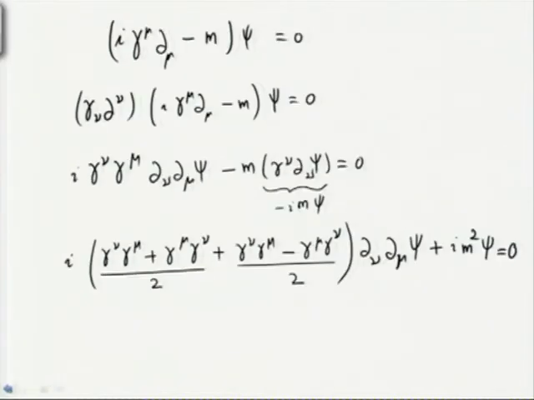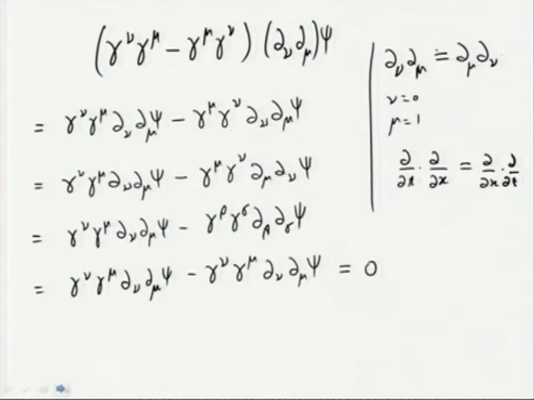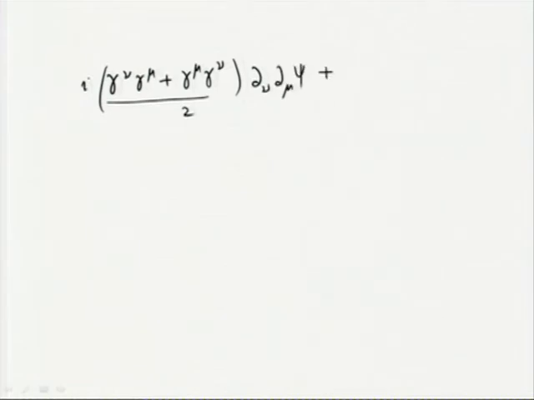So, in this expression, the Dirac equation operated on by γ^ν ∂_ν, we have i (γ^ν γ^μ + γ^μ γ^ν)/2 ∂_ν ∂_μ ψ plus i m² ψ equal to 0. The other term is identically equal to 0.